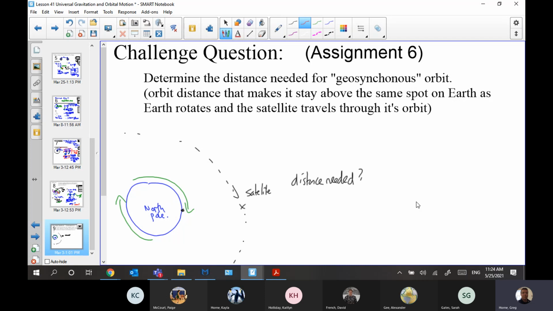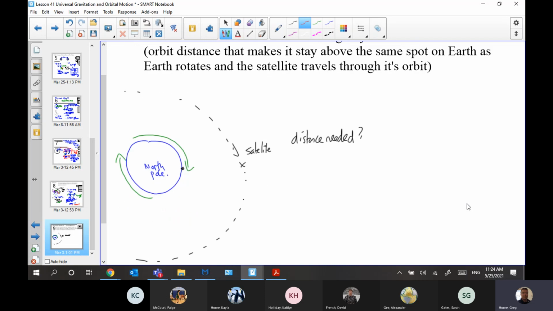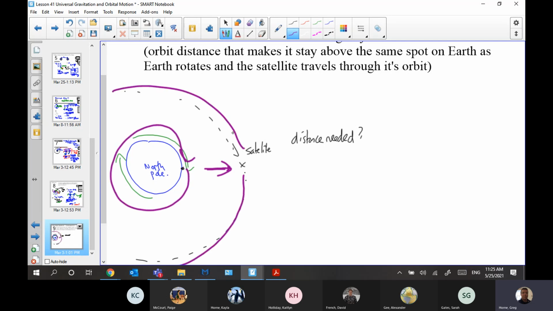We're looking down at Earth at the North Pole, and of course it rotates around, a complete rotation in 1 day, right? A satellite that's in geosynchronous orbit will orbit around right with it. So if you look up and see a geosynchronous satellite, it'll always be right above you, because as you rotate around during a day, it rotates around during a day also.